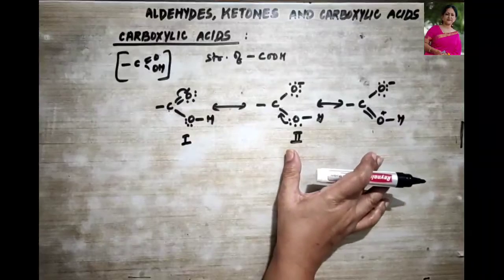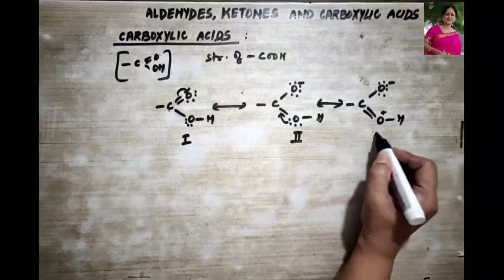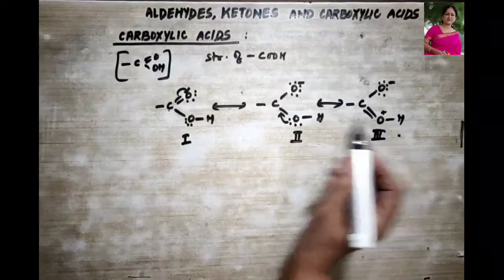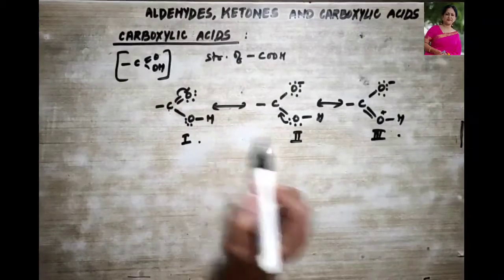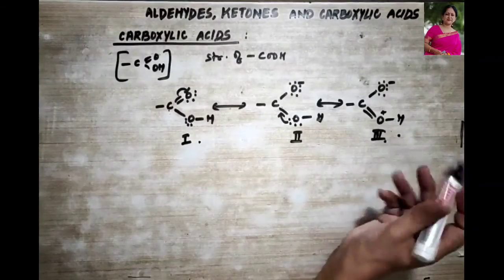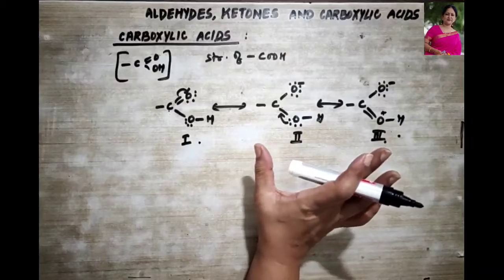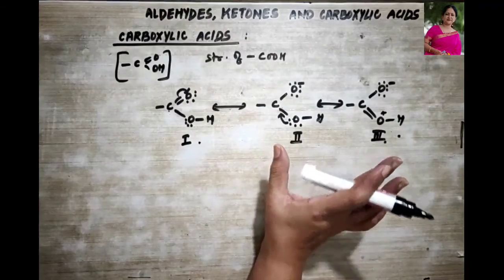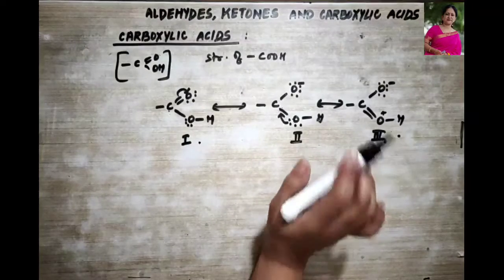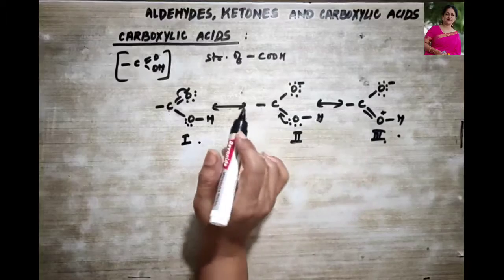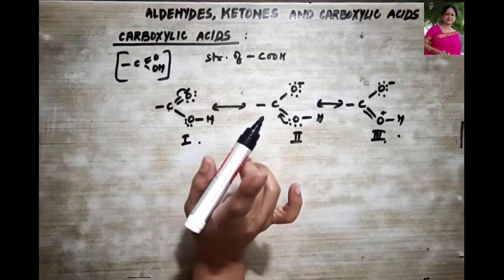and thus we can say that this carboxylic group acts like an acid, right? If you look, in structures 1 and 3, the carboxylic acid is electrically neutral. As a result, the carboxylic carbon of the resonant hybrid is less positive.